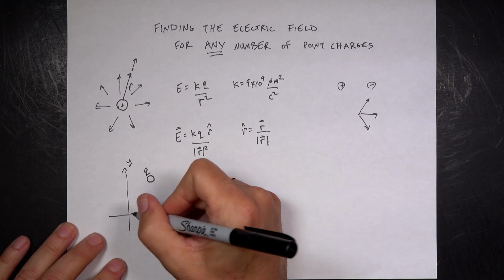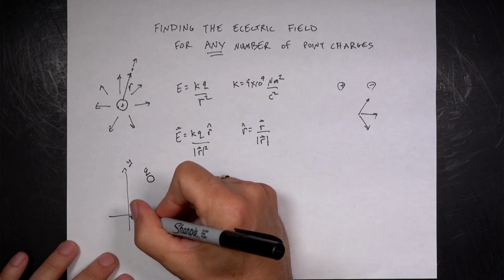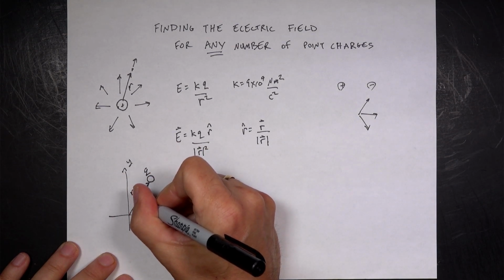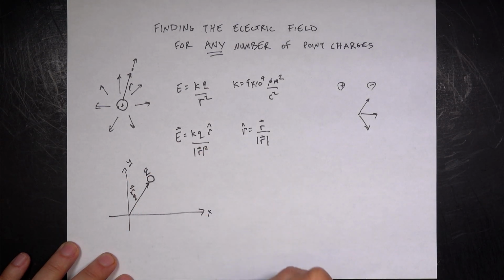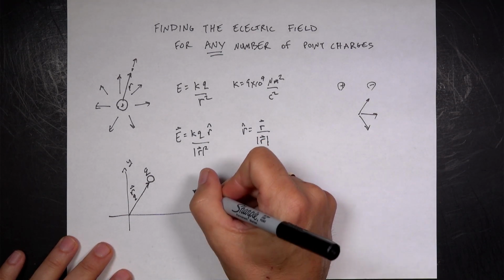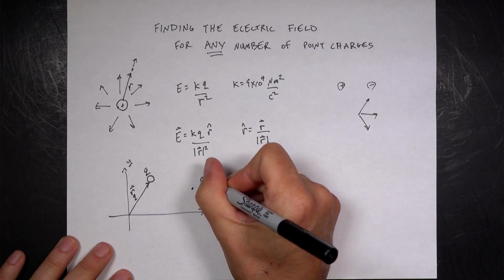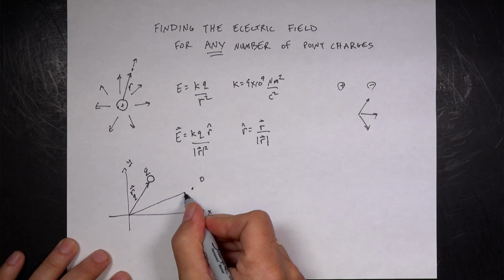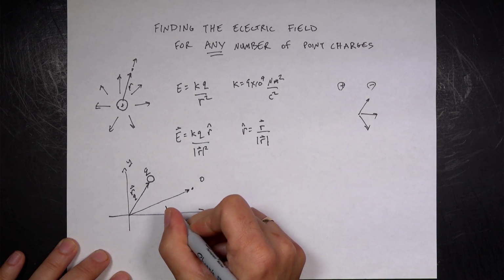And then I have a vector location of that charge. I'm going to call that rq. It's the location of my charge. And that becomes important because I want to find the electric field right here at some point O, my observation location, and I'll call that RO.